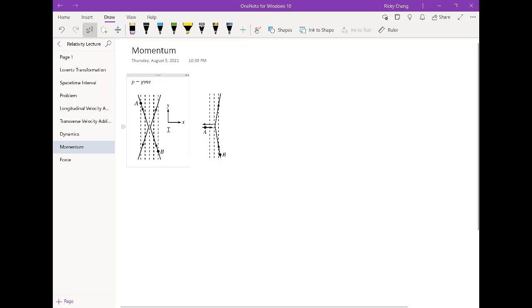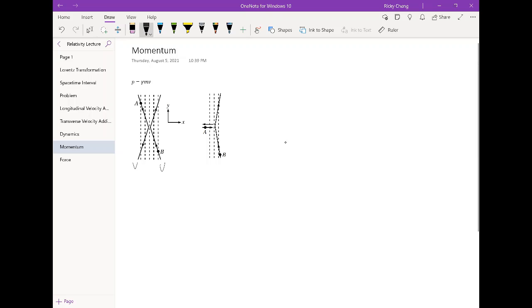Suppose the velocity of A is v, then B has the same speed, except in the opposite direction of A. As you can see here, B is moving in this direction, and then at this point, A and B collide.